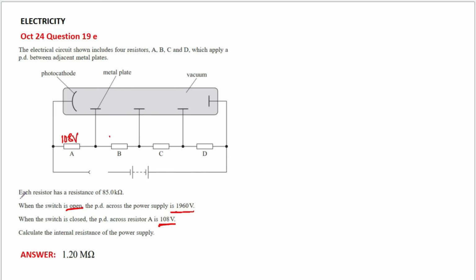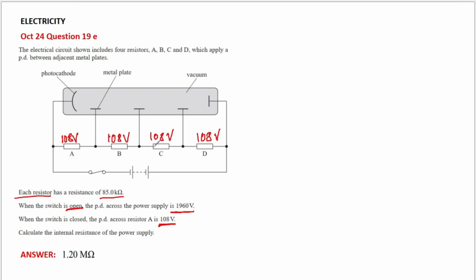But since each resistor has a resistance of 85 kilo ohm, it means that all of these are identical resistors. And when you close the switch, if the resistors are identical, the potential difference will be shared among them equally. So all of them should get 108, 108, and 108 volt.